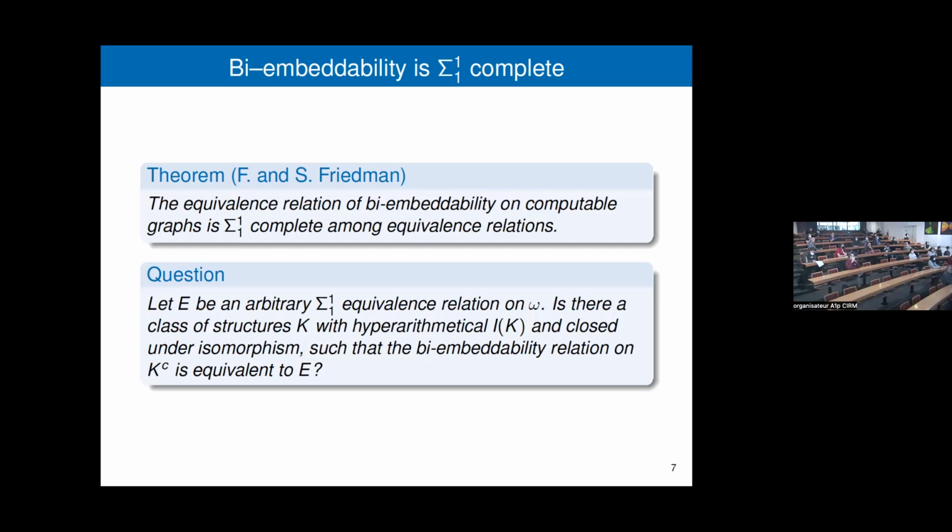So we do not want just this bi-embeddability. We know that it lies on top, but we want to know if it is everywhere inside those sigma 1,1 equivalence relations. If we talk about Borel reducibility, in a similar, analogous setting but for countable structures, then Cy Friedman and Luca Motto Ros proved this result in that case.